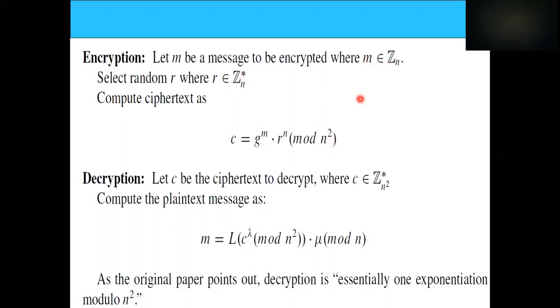If you look at our last Schmidt crypto system, the domain of plain text and the domain of cipher text are not the same, and the same is the case here.